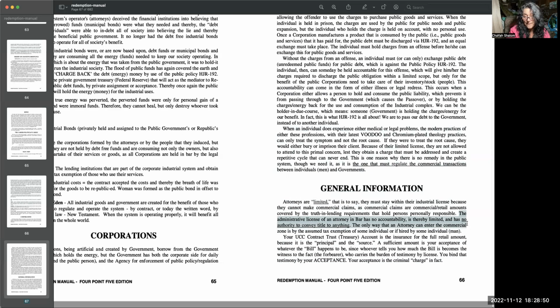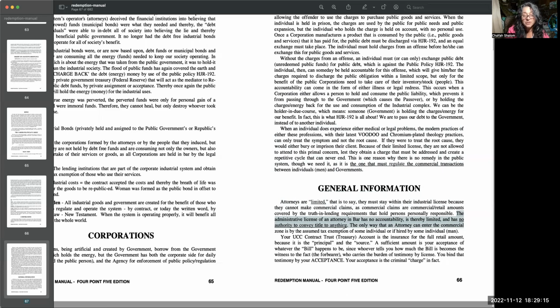Wow. That's pretty wild. Like I was just thinking about a deed. And they said, take it to an attorney. Wait a minute. It says that the attorney in bar has no accountability, is thereby limited, and has no authority to convey title to anything.